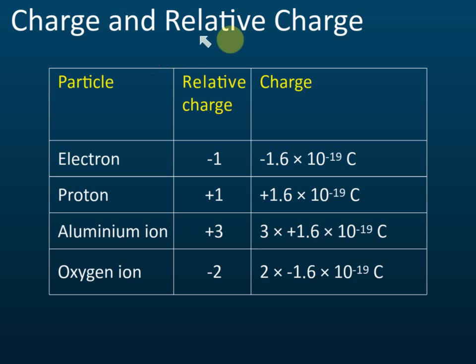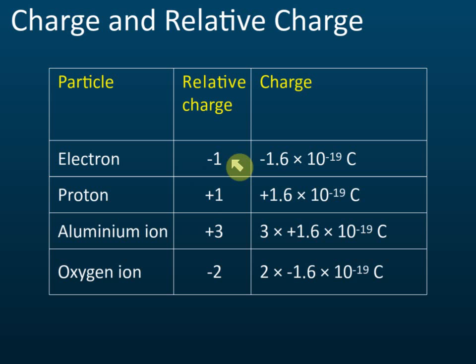Charge and relative charge. In chemistry, you have learned that the charge of an electron is negative 1 and the charge of a proton is positive 1. But in physics, we learned that the charge of an electron is negative 1.6 times 10 to the power of negative 19 Coulomb. Why?